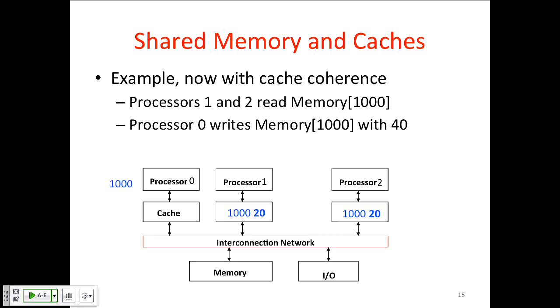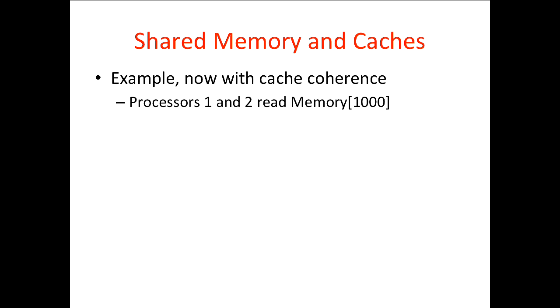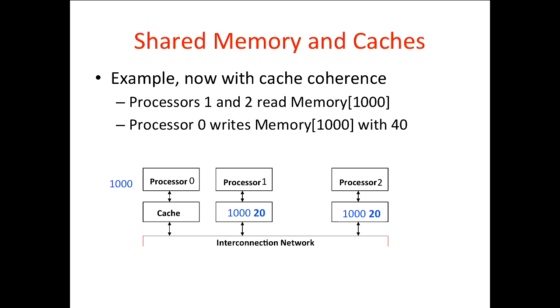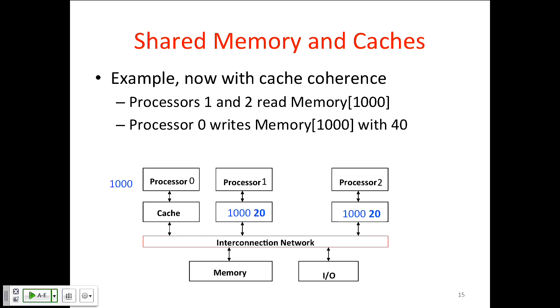But increasingly people are building systems with different kinds of processors on the same memory system, so your GPU, the graphics processing unit, and the CPU will have different size caches, but they'll be talking to the same memory system. So they'll be optimized for each kind of processing unit you have.